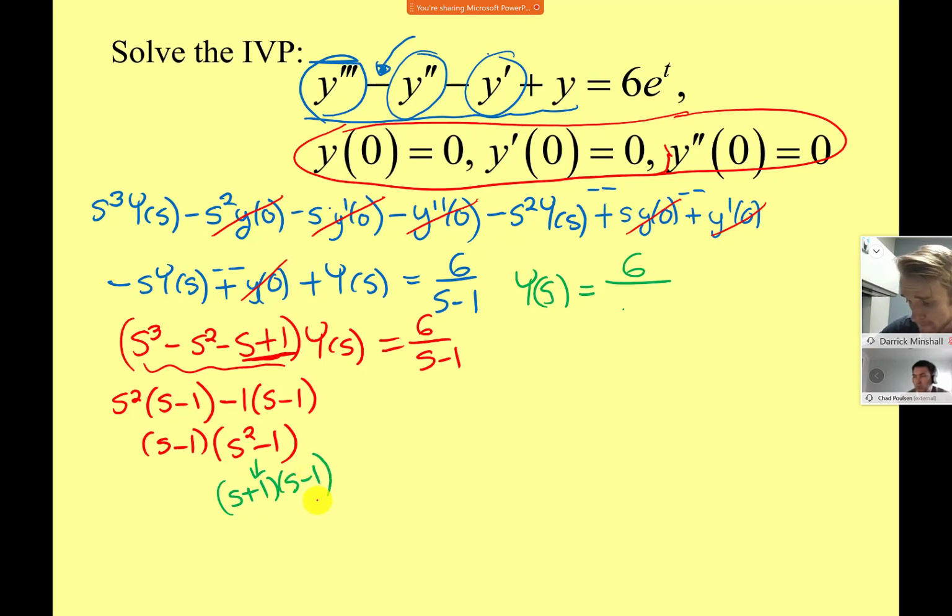So what's going to happen is I have the s minus 1 that was already there, and I've got another one here and another one here, so it's going to be s minus 1 cubed and then s plus 1. Okay, so that's my getting the Y of s by itself.